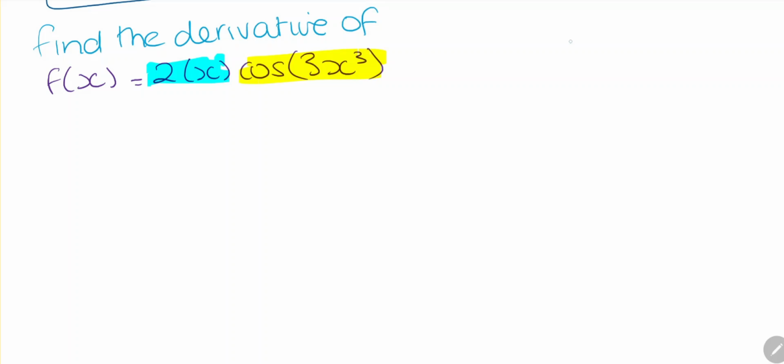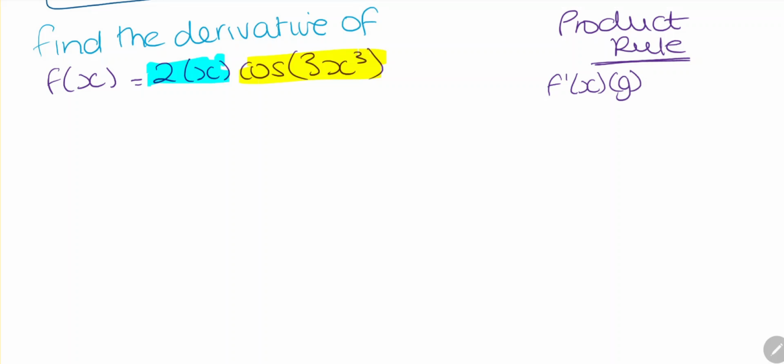So we're going to use the product rule. The product rule says f prime of x multiplied by g of x, plus f of x multiplied by g prime of x. So if we write down what our functions are, f of x is 2x.